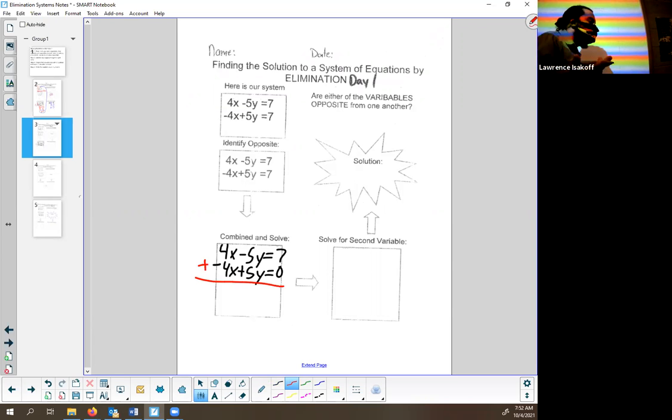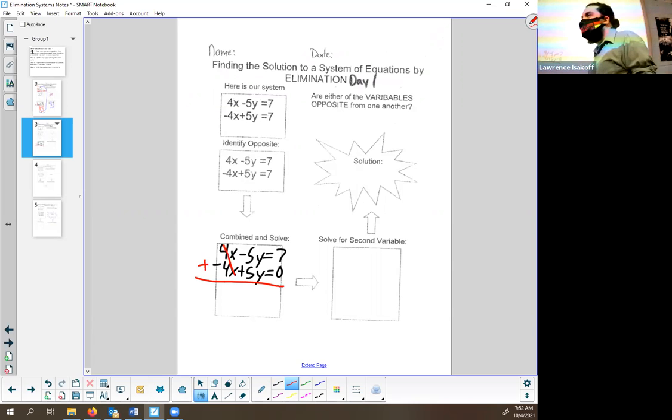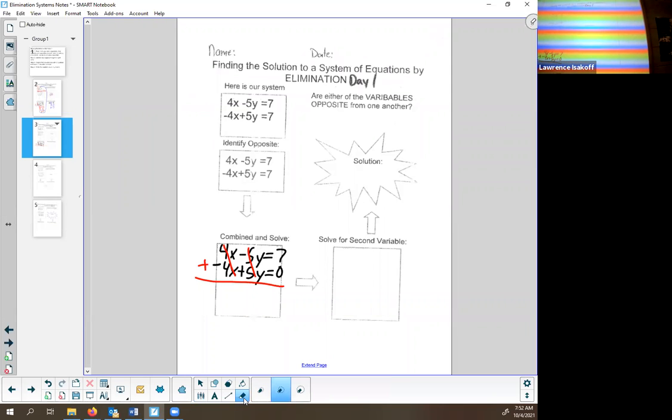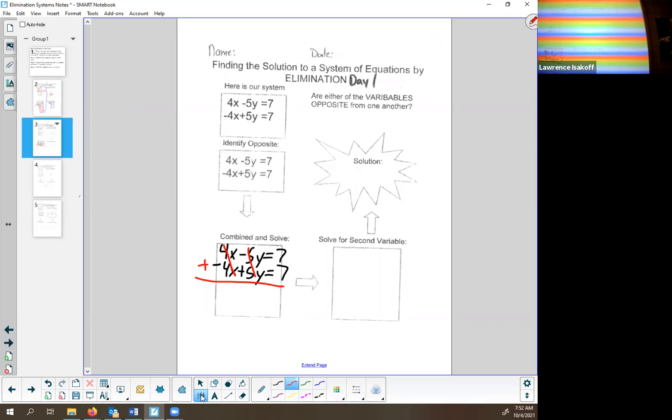What happens when I add the x's? They cancel. What happens when I add the y's? Cancel out too. Miswrote this. Sorry about that. That should be 7 right there. And 7 plus 7 gives me.